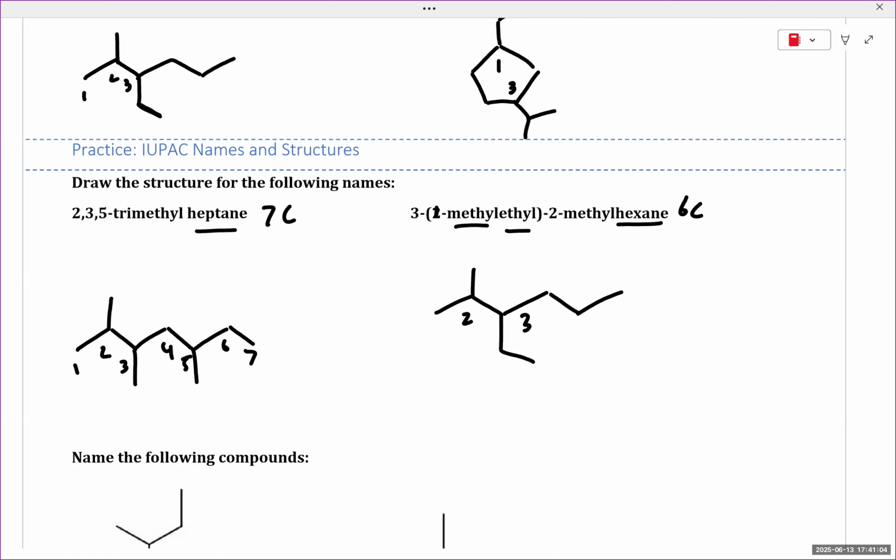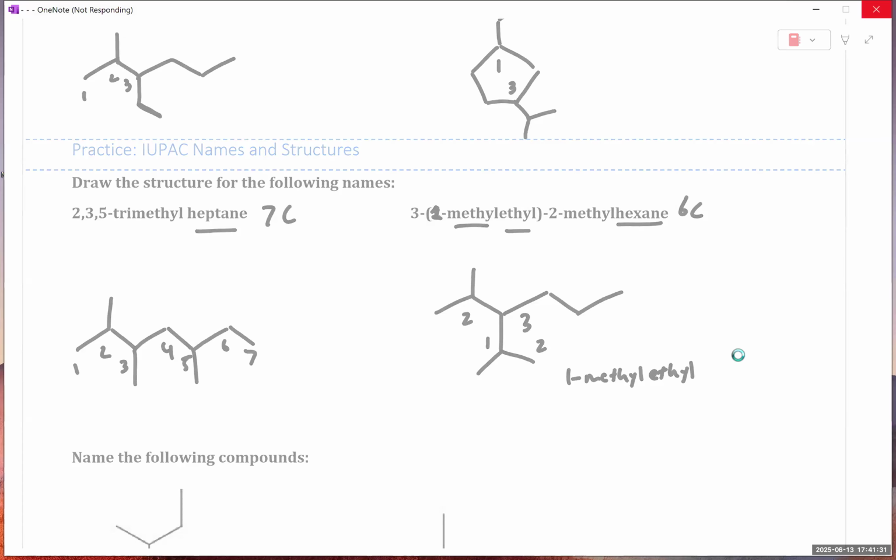This should be 1-methyl ethyl. 2-methyl ethyl would just be named as propyl, because given the numbering convention 1, 2, if we just put a methyl group at the 2 position, this would just be a propyl chain. 1-methyl ethyl would be named and written out as follows. 1-methyl ethyl is an alternative name for an isopropyl group.